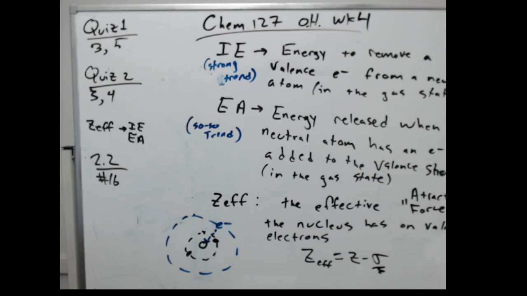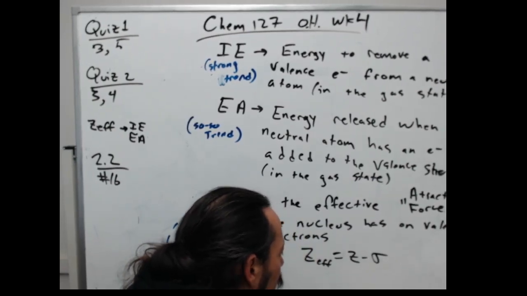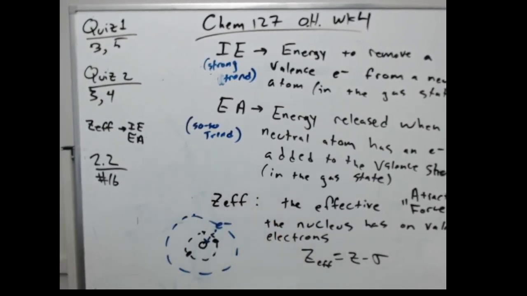In that case, it's simply the atomic number minus sigma, which is shielding. Generally, shielding can have a lot of values. For us, this quarter, we've said it's approximately equal to the number of core electrons. It's an oversimplification, but it's a pretty good starting spot.